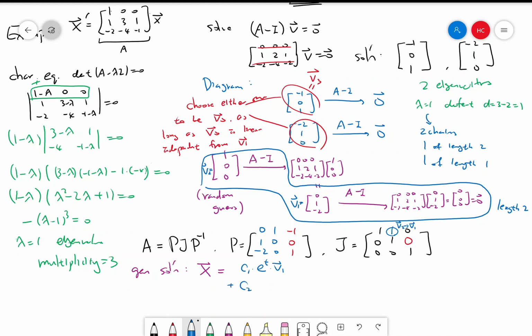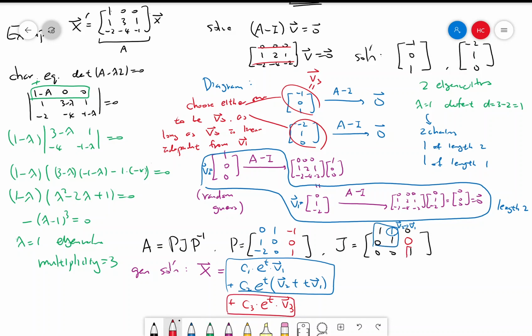So we have C2 e to the t times (V2 plus t V1). And V3 itself is an eigenvector, so it's by itself, so it's C3 times e to the t times V3. So the first two terms refer to this chain, and the third term is V3 by itself.